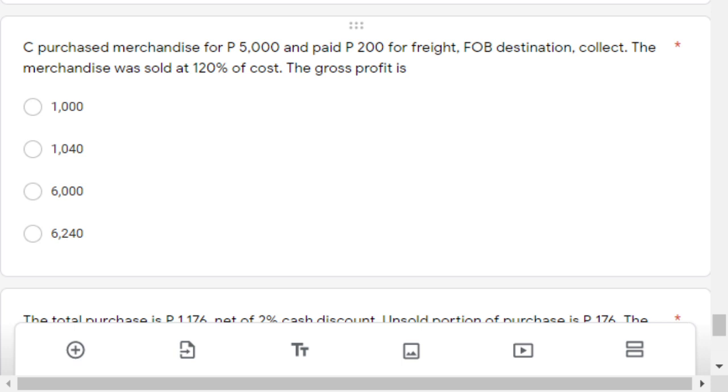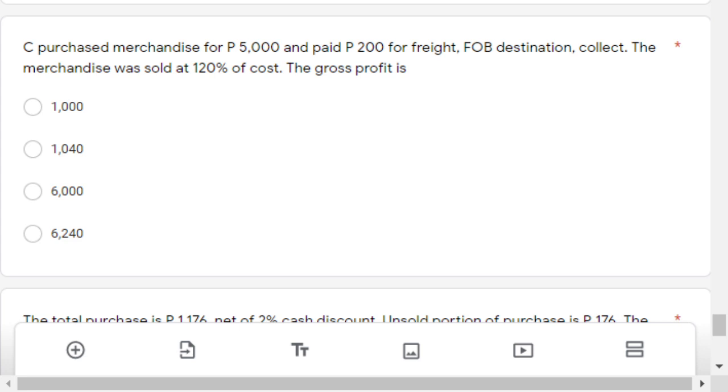So, ganito siya. Sales, bawas natin yung cost, makukuha natin yung gross profit. So, sabi dito sa problem, yung may purchases.